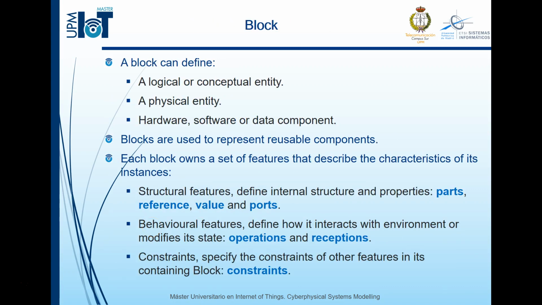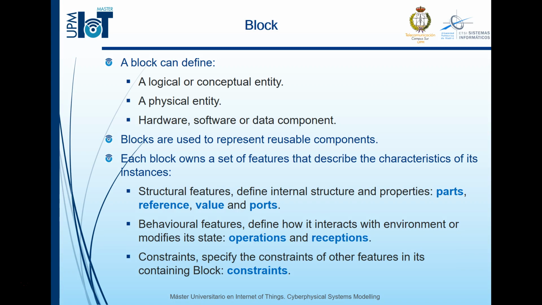And maybe this is also important. Each block mainly has three different kinds of components, three different kinds of properties or features. The first is structural features, and we said there are four different kinds of features: parts, references, values, and ports. Two more features to model the behavior of this block.